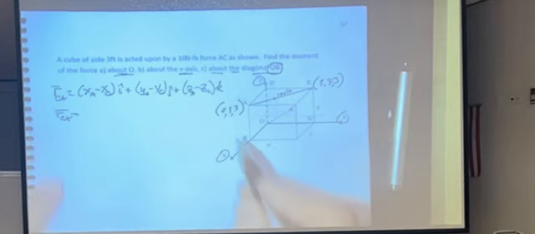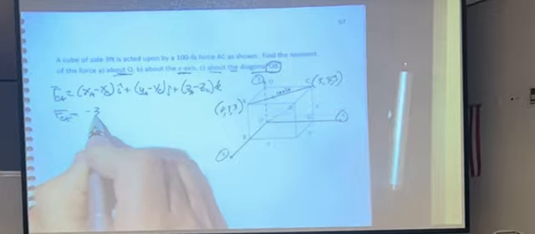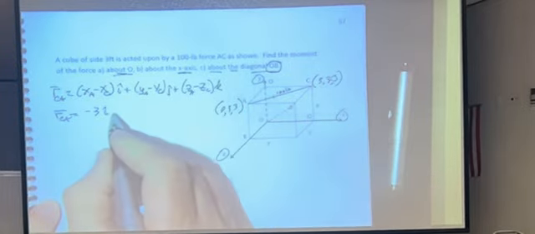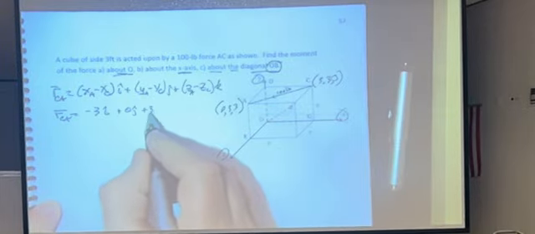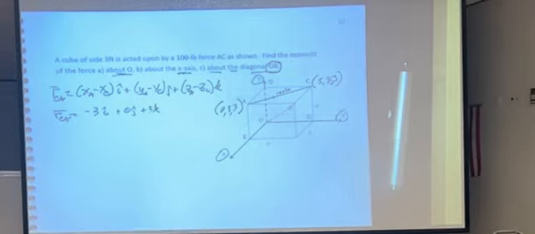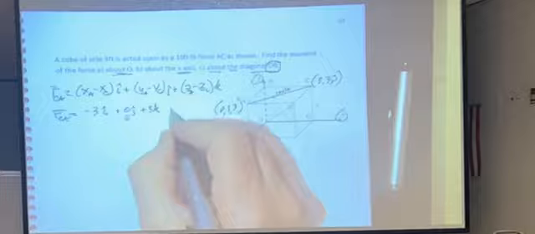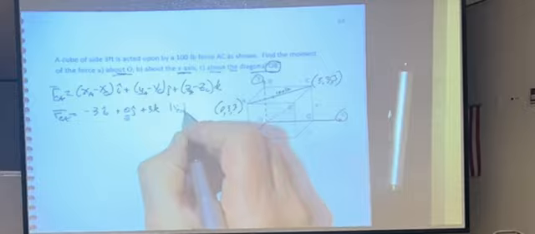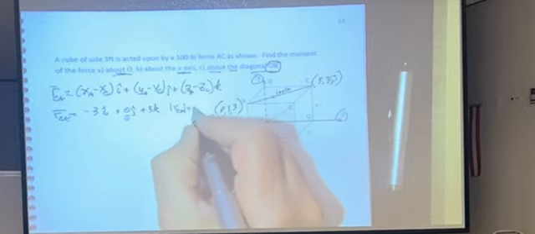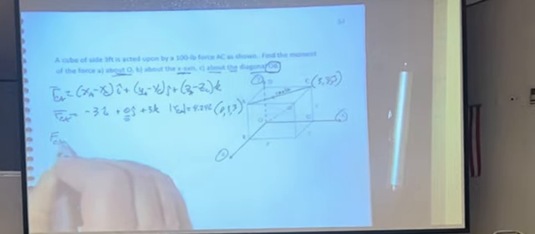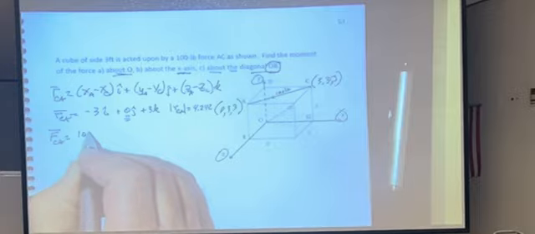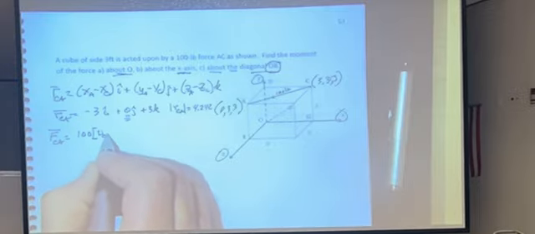RCA vector is 0 minus 3, that's a minus 3i. 3 minus 3, that's a plus 0j. 3 minus 0, that's a plus 3k. Please notice, I'm putting a 0 there. I don't have to, but I do it for placement. Magnitude of RCA I need, which in this case is 4.242. Therefore, FCA vector is 100 times the unit vector of CA.